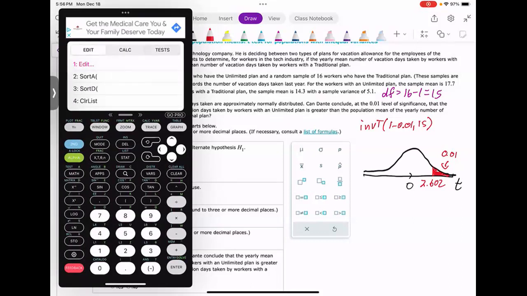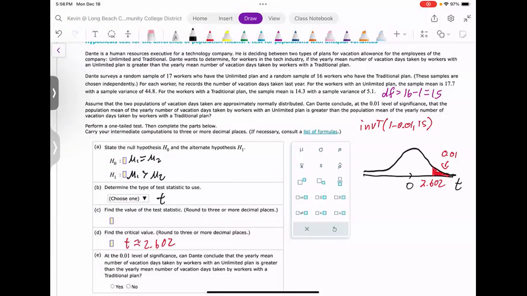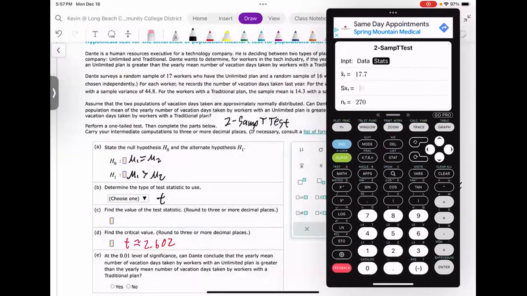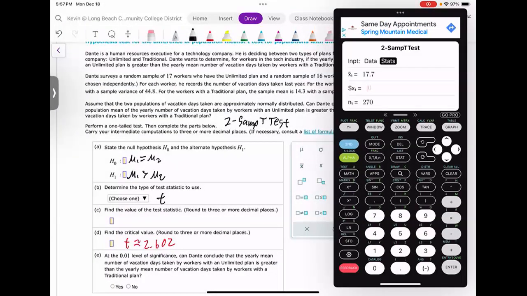Stat, and once again, we're going to be using a two-sample t-test. So this one, we are not using raw data, we're using statistics. For the workers of the unlimited plan, the sample mean is 17.7, with a sample variance of 44.8.